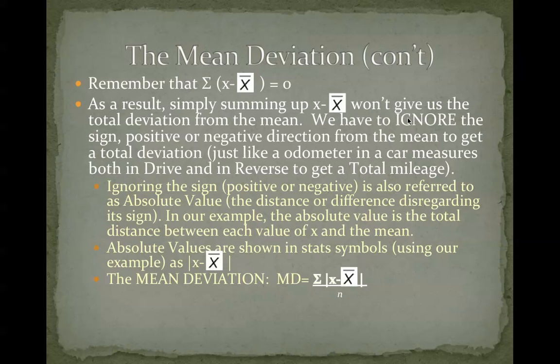So what you actually have to do is ignore the sign, positive or negative direction from the mean, to actually get the total deviation. So this is very similar to an odometer on your car. When you go in drive or in reverse, it's still adding mileage. It doesn't care which direction you're driving. So if you ignore the sign, it's actually referred to as the absolute value.